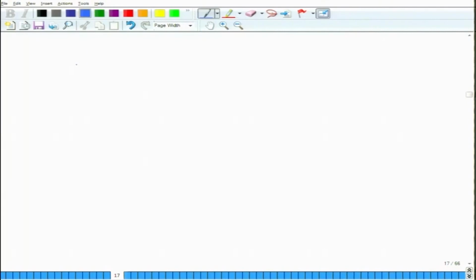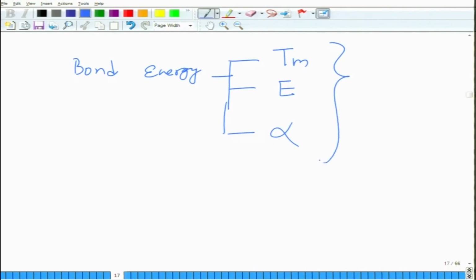Some properties, of course: I have told you that bond energy has a correlation with T_m, with the modulus of elasticity, and with alpha. I do not need to repeat this, you have already been told. So, we will finish this part here and move on to the next part.